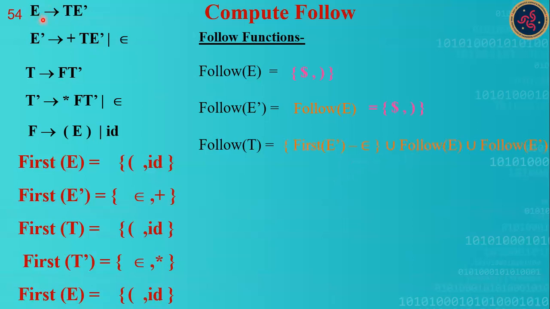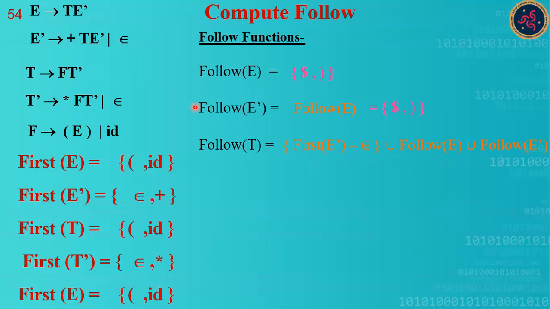The LHS of this particular production is E and E prime. Since T is present in these two productions, we have to consider both the productions. So here T has the LHS non-terminals E as well as E prime. So I am taking union follow of E, union follow of E prime. Okay, so this is rule number 3.